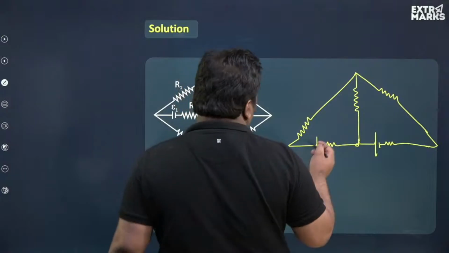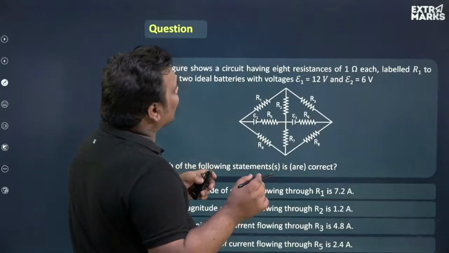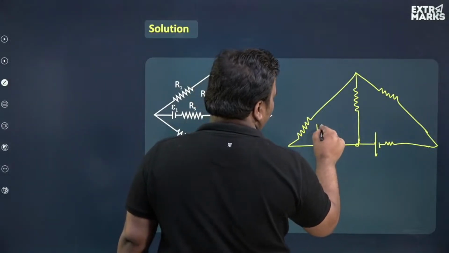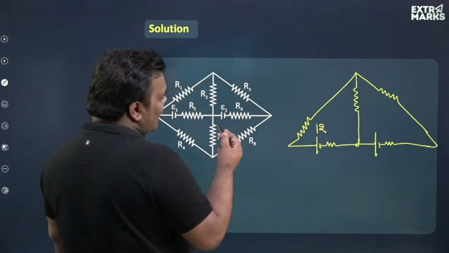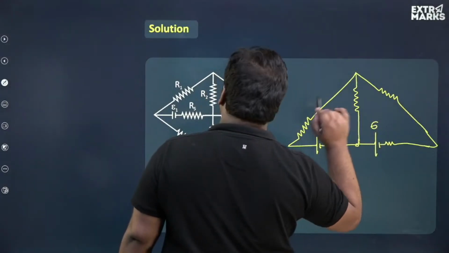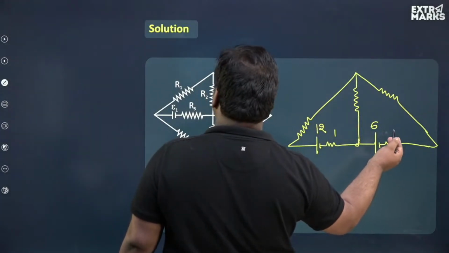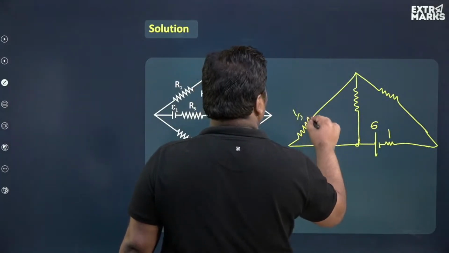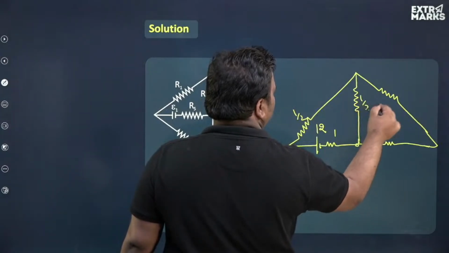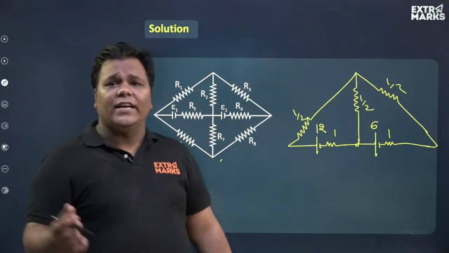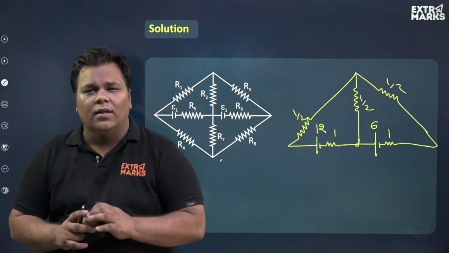Let's put in the values. Value of E1 is 12. Value of R5 is 1. Value of E2 is 6. Value of R6 is 1. This will be 1 by 2, and this will be 1 by 2, because these two are connected in parallel, 1 and 1 in parallel gives 1 by 2.